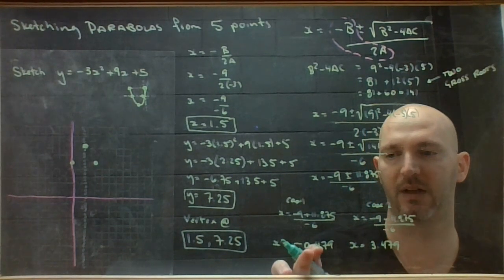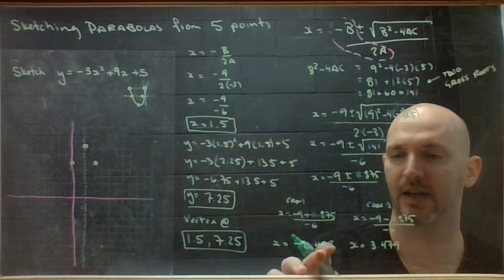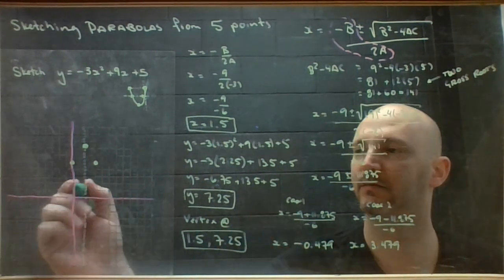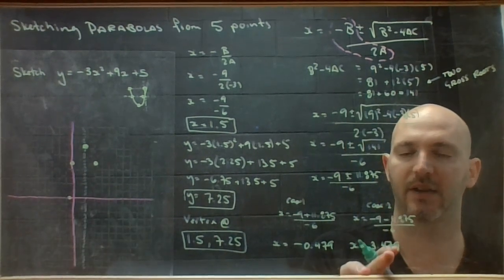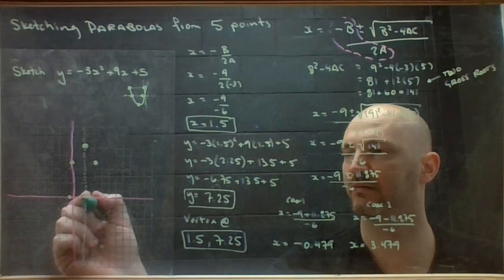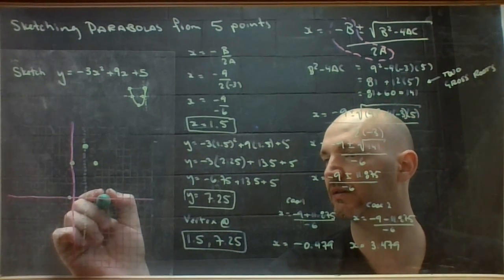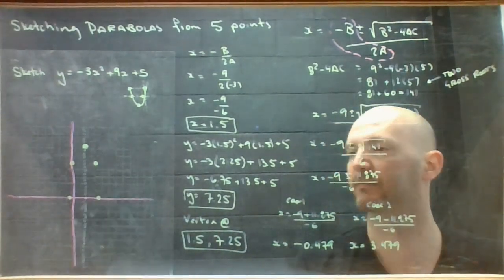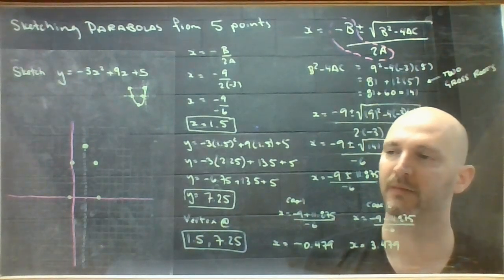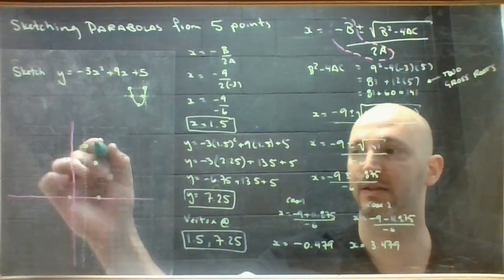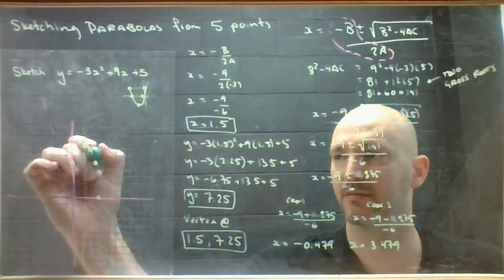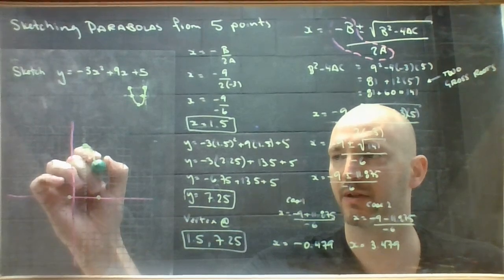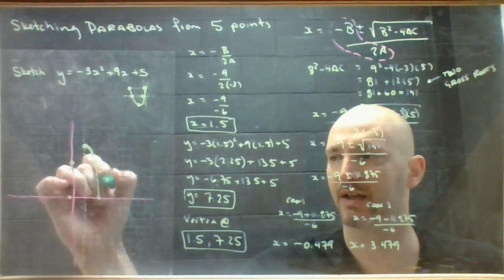Okay, so I have an x-intercept at -0.5 right there, and I have an x-intercept at 3.5, so right there. Now with those 5 points, I am able to draw the parabola and aim for that mirror point and aim for an x-intercept.